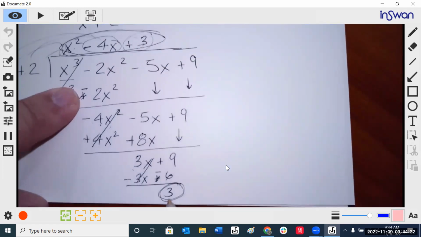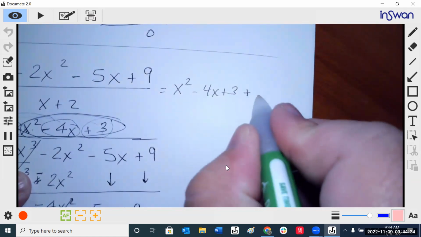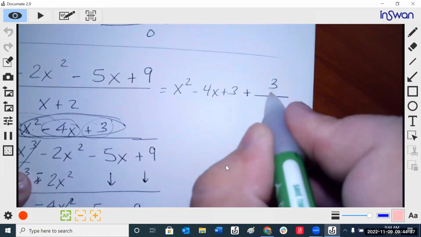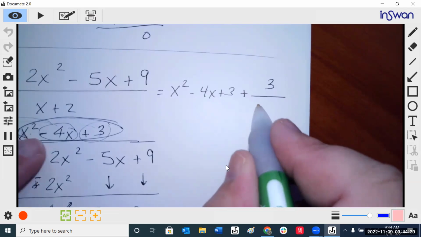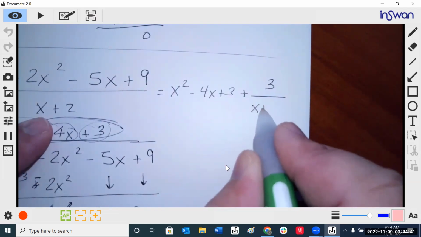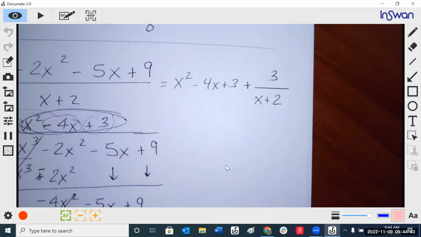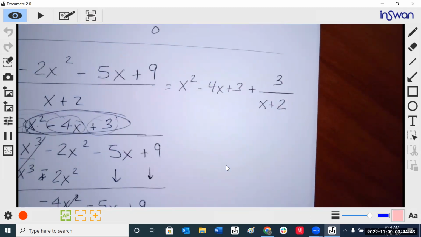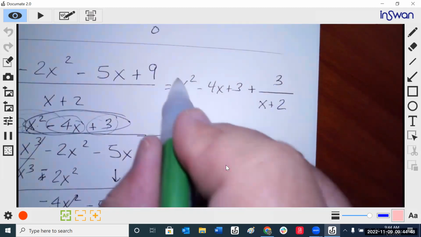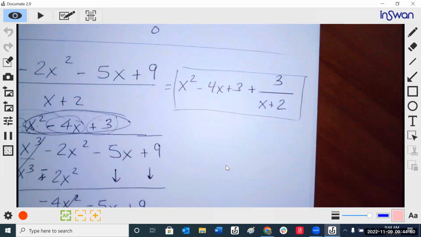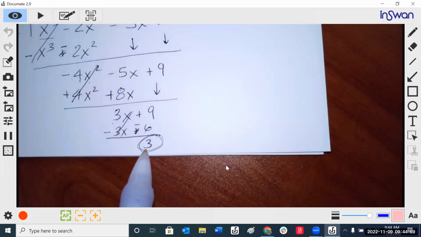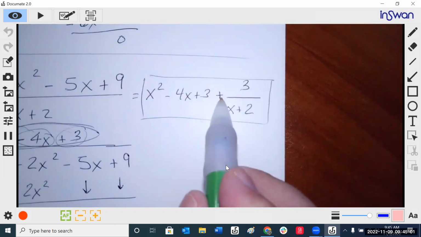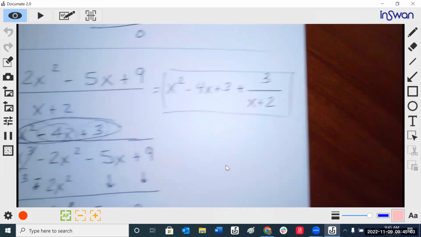Since the remainder is a positive, there'll be a plus, the remainder over the divisor. There is your answer. If this was a negative 3, you'd put a minus sign there, the 3 on top.